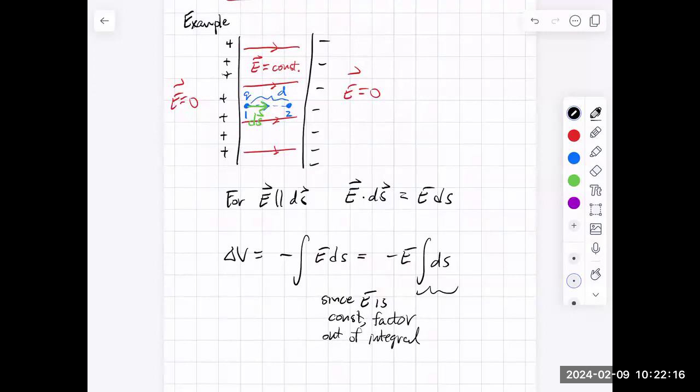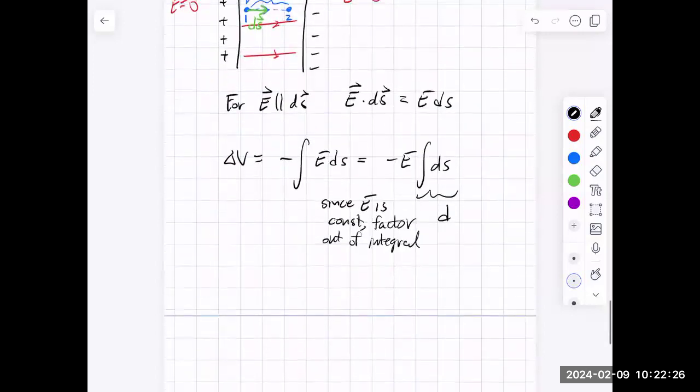In our little figure there, d, that's right. So we just add up all the small displacements to go from 1 to 2, and that would just be equal to d. And so for a constant electric field, we have that delta V is equal to minus E times d.